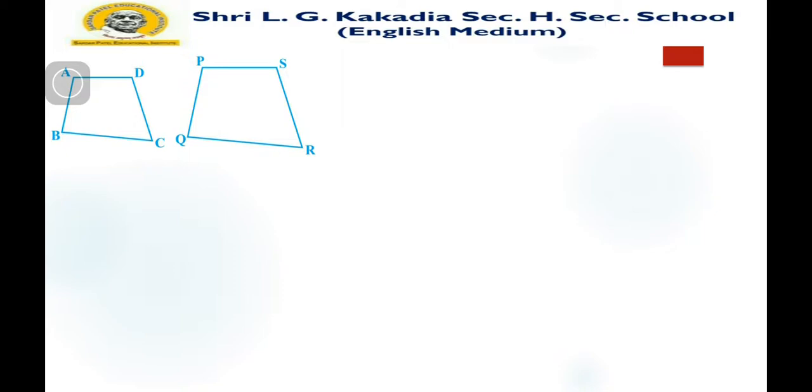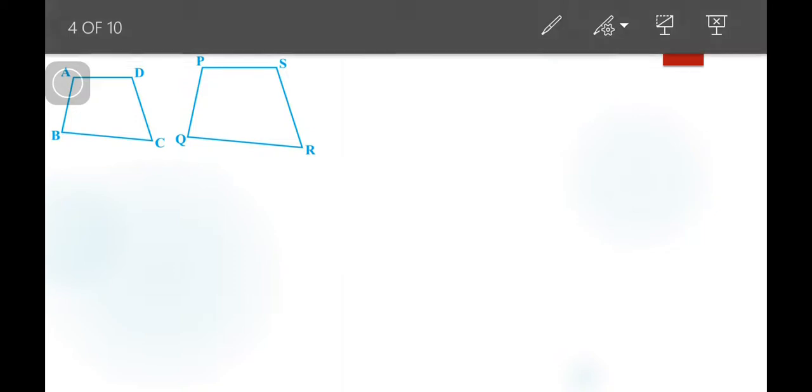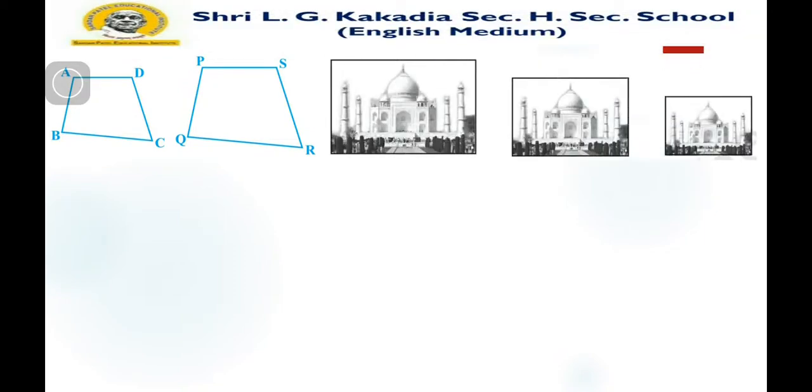On one side you can see that both look similar, but no sizes are given that we can use to compare the shapes. So we cannot directly say that these two figures are similar. Here one more figure is given: you can see three photos in rectangular shapes.